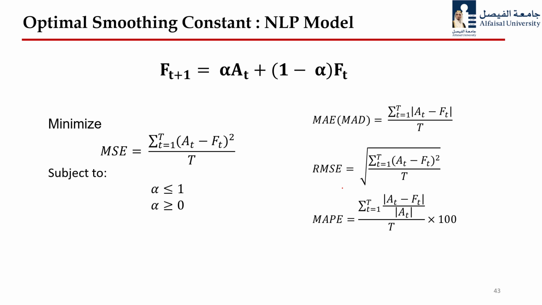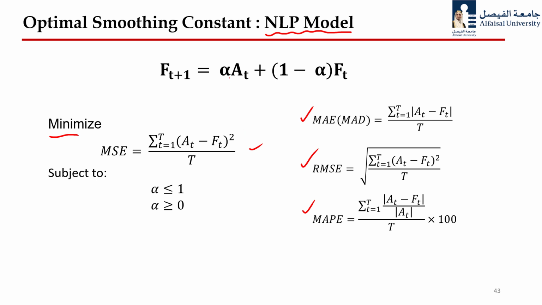For that, once again, we can apply the nonlinear programming model. The objective is to minimize either the mean square error, the mean absolute deviation, the root mean square error, or the mean absolute percentage error. Whichever objective function you would like to take, we can consider one at a time.